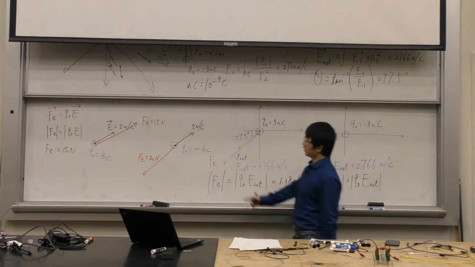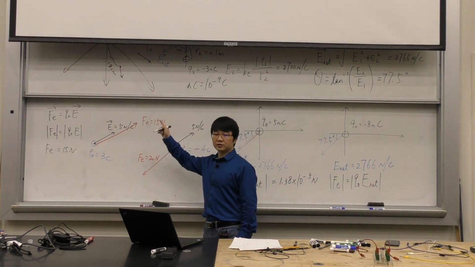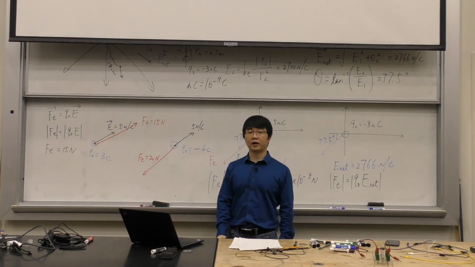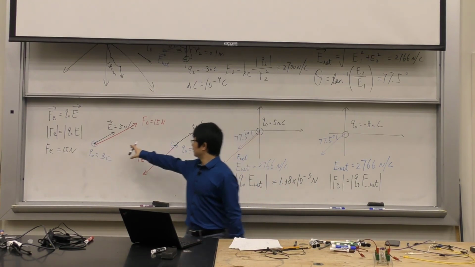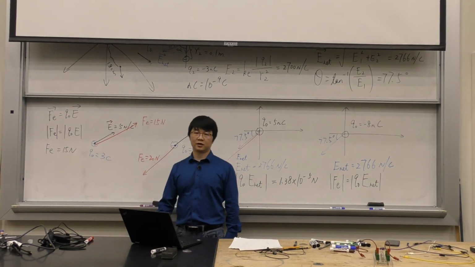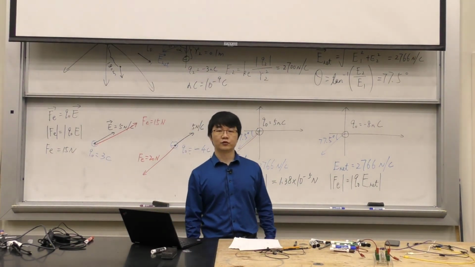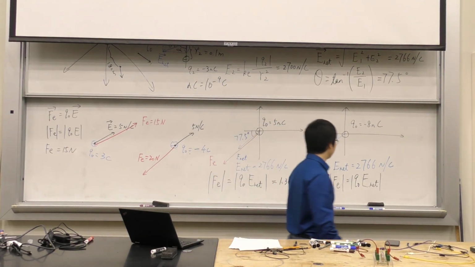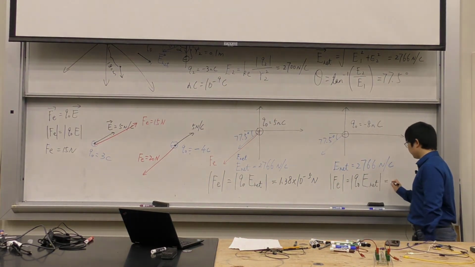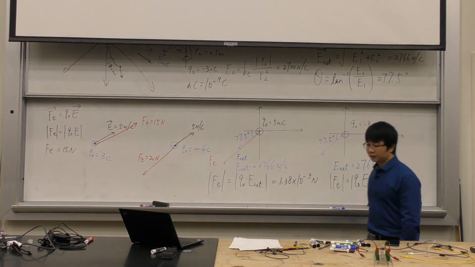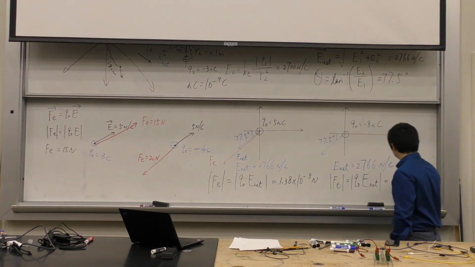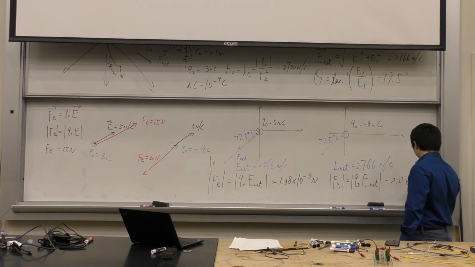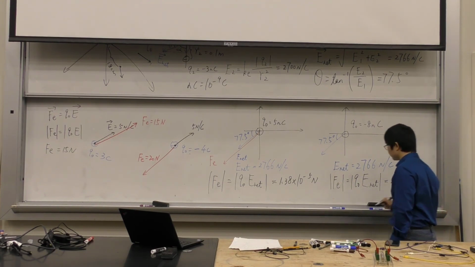Multiply them together, both positive. For the direction, take a look at the sign of this test charge. It only has two options, either the same as the electric field or opposite to the electric field. So if you put all the numbers in, what do you get? You will get 2.21 times 10 to the negative 5th newtons.